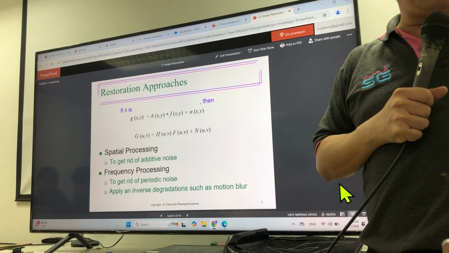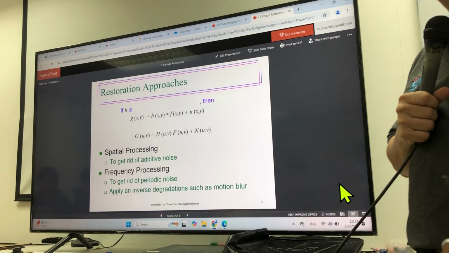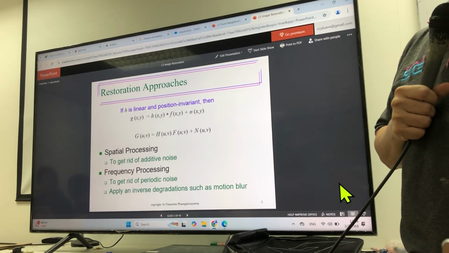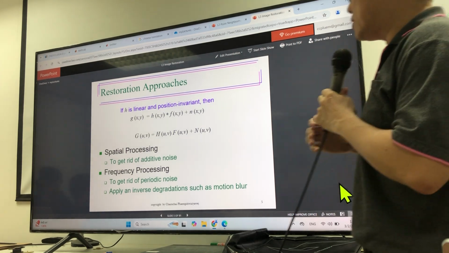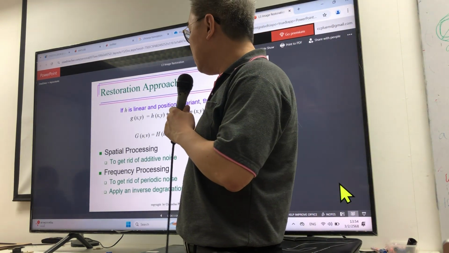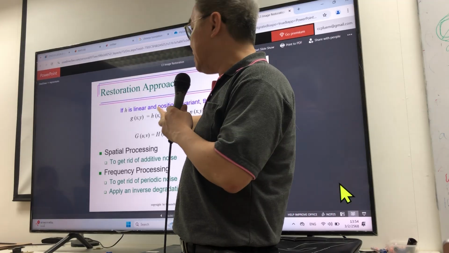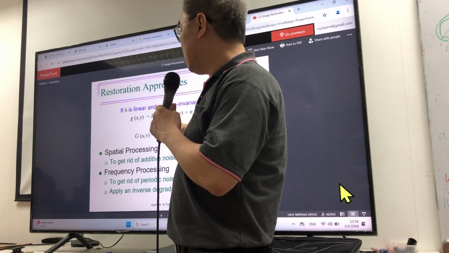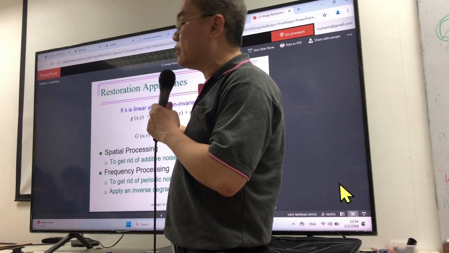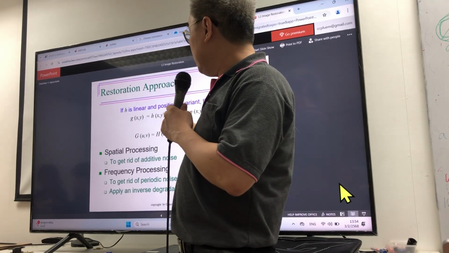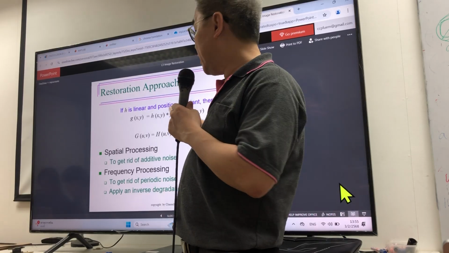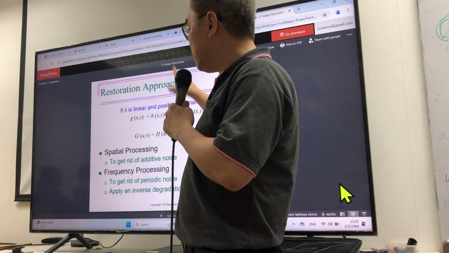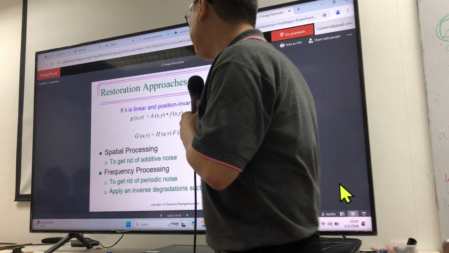Like I said, the restoration process can be done in the spatial domain and the frequency domain. A lot of times we design it like this. f, which is the original, goes through some linear position invariant degradation function h. We use convolution: f is convolved with h and noise is added, and you get g.